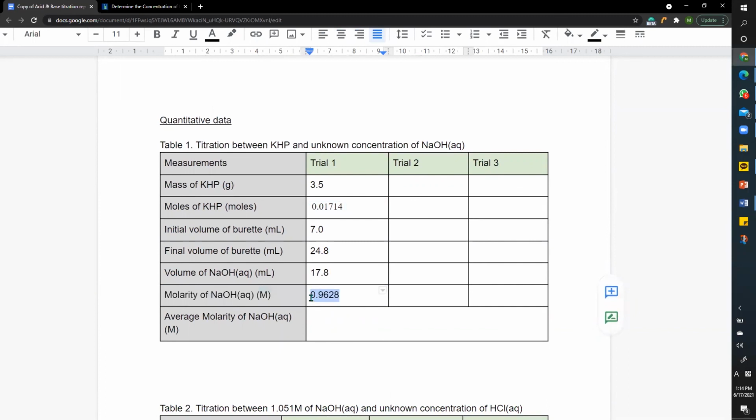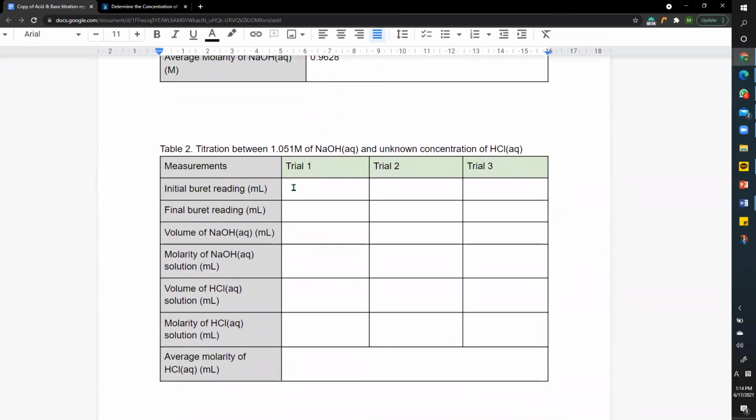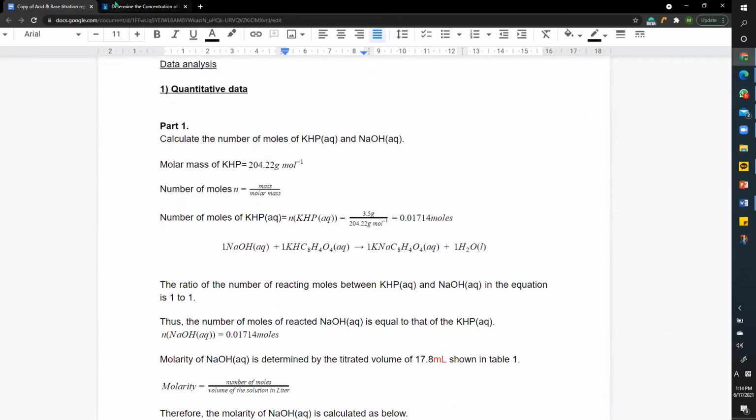But if you guys are doing the other modes, you should try 1, 3, 4, 5 several times, then add all of the molarities that you get, divide by how many times you repeated, and calculate the average molarity of NaOH. But I'm going to use this one because this is precise mode.